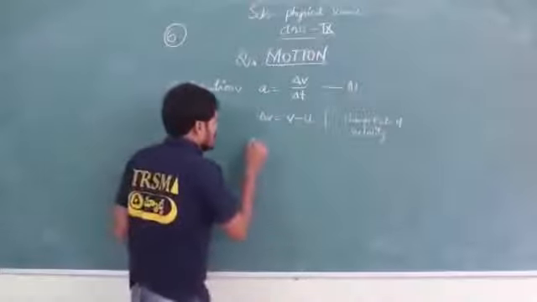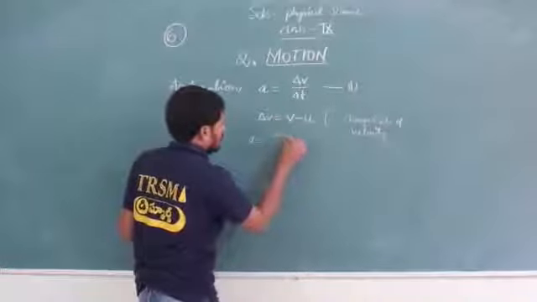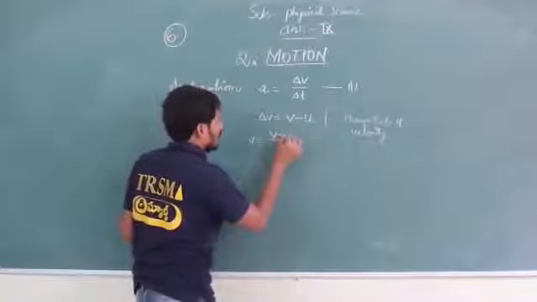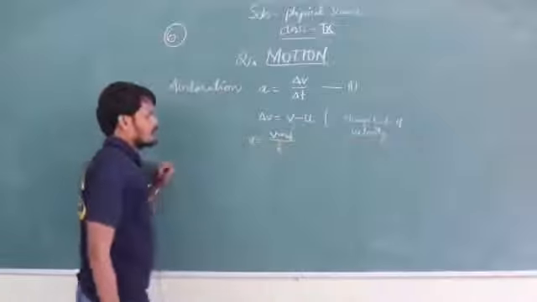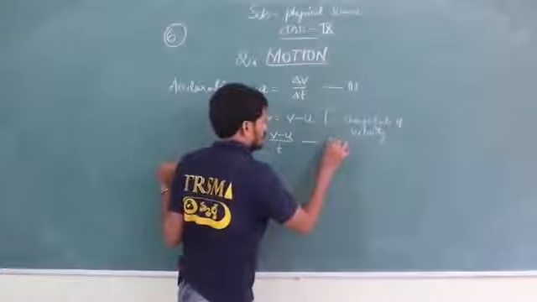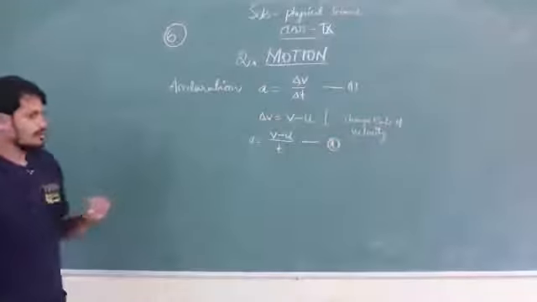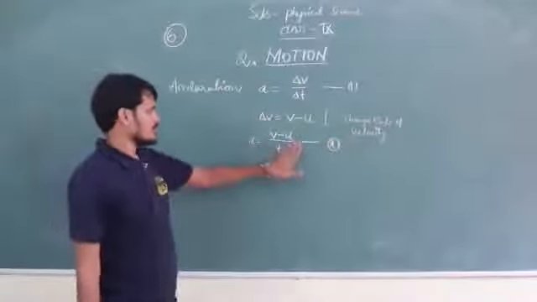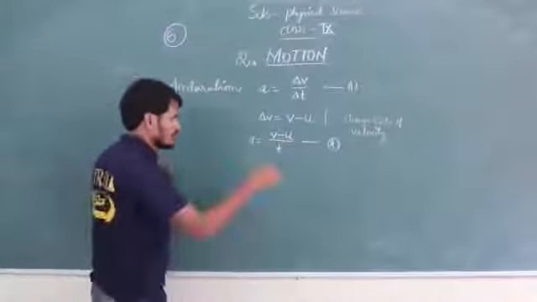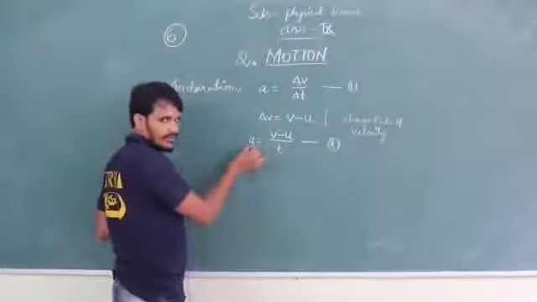Now we get a equals v minus u by t. Call that equation number 2. Now the next step: send this t to the a side.